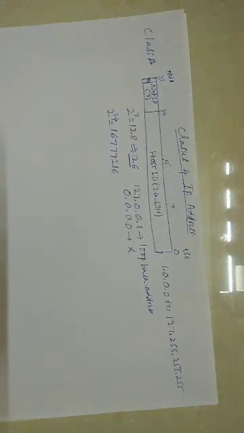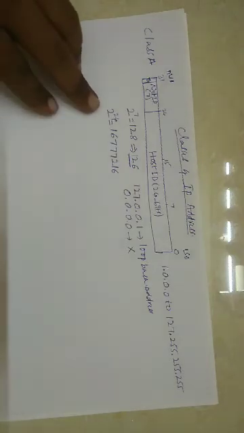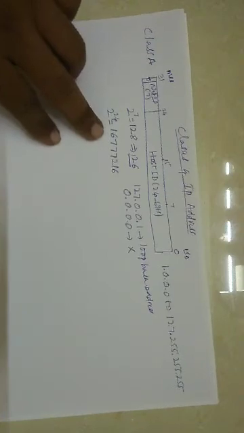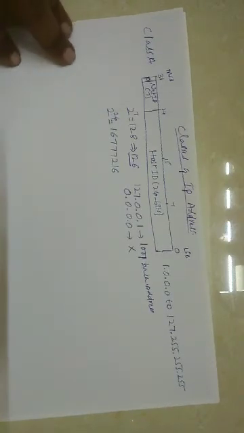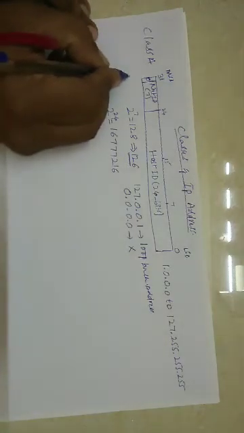It means that class A supports a total of 126 networks, and within each network I can connect a maximum of 2 raised to 24 hosts. So this is the class A IP address.